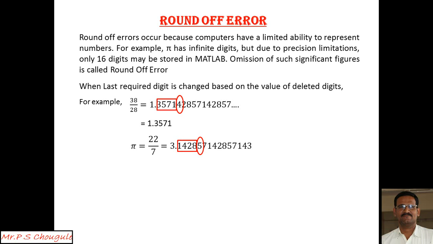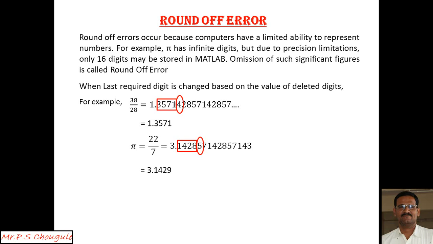Now in this case the fifth digit is equal to 5, that's why we need to change the fourth digit by 1. And such an error we call a round-off error, because we simply round off the digits.